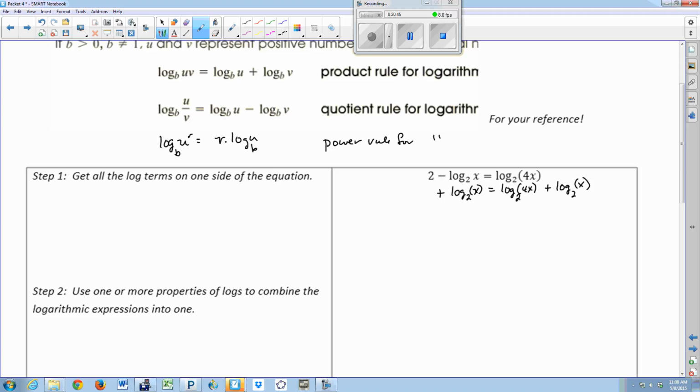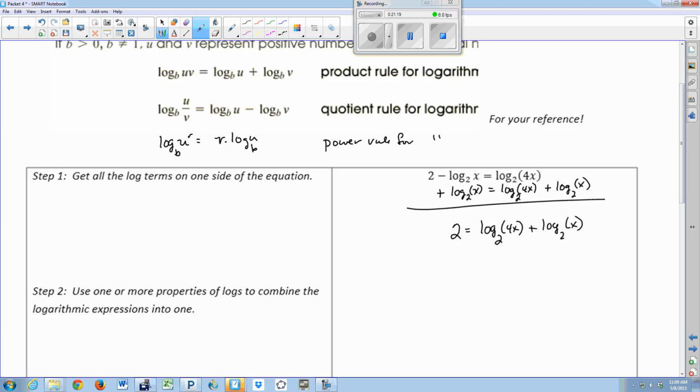Once I do that, my new equation gives me a 2 on the left side. And now I have log base 2 of (4x) plus log base 2 of (x). So when I look at that right side, both of my logs have the same base. They both have the base 2. I'm adding logs, which means I can combine them into a single log using my product rule.